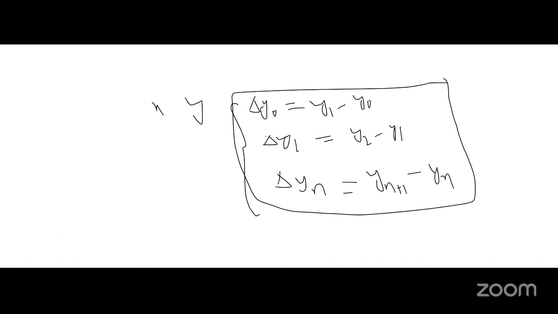In the same way, delta yn is yn plus 1 minus yn. So this is a formula.